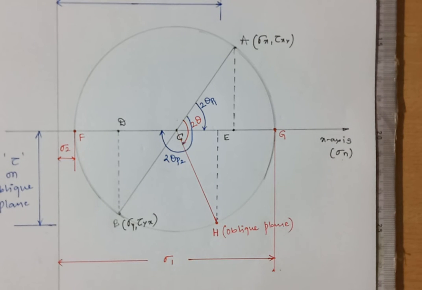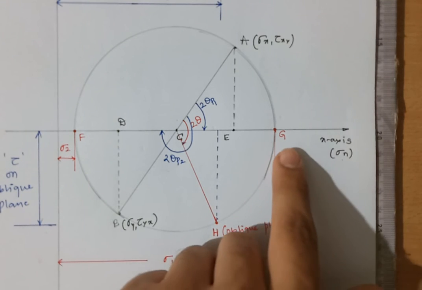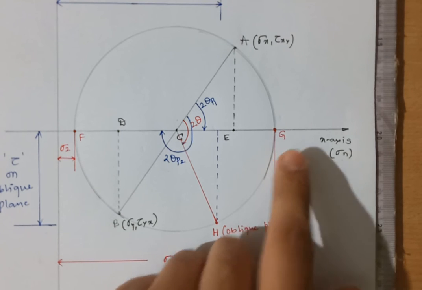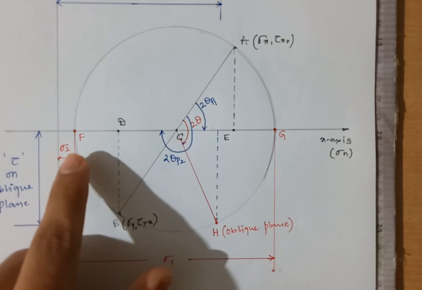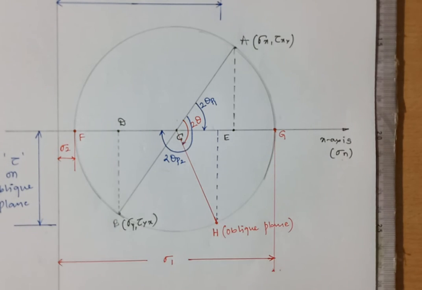So I have marked three angles, don't get confused. 2 theta is the angle for this oblique plane, 2 theta P1 is the angle for the major principal plane, and 2 theta P2 is the angle for the minor principal plane. Everything is marked with respect to the reference plane A, right? Fine.